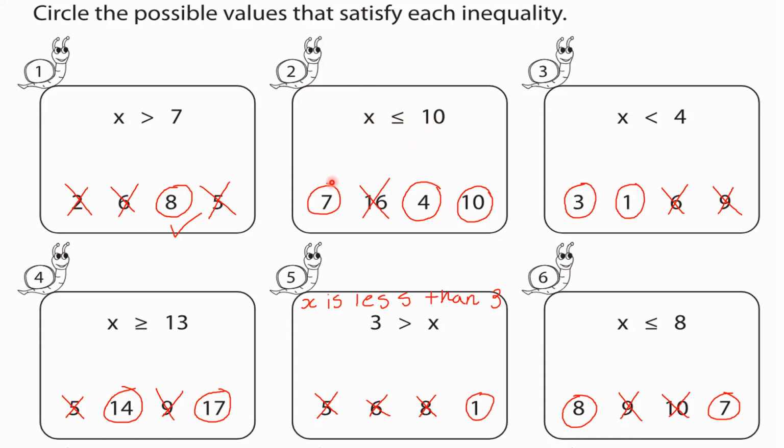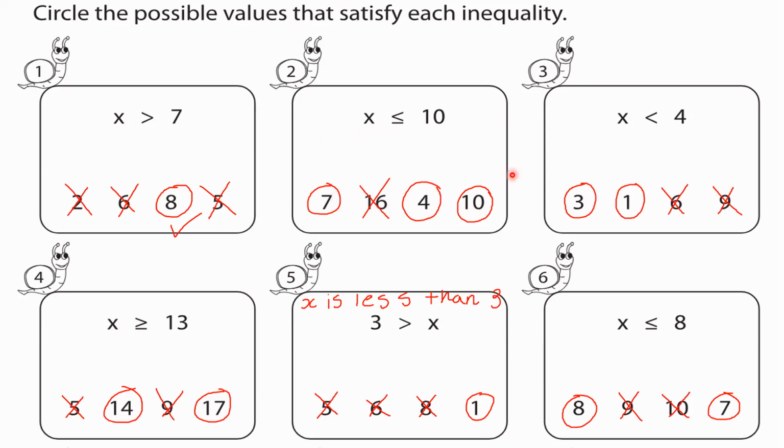So 7 would be an option because it's less than 10. 4 would also be an option because it's less than 10. And 10 would also be an option because it's equal to 10. Very good. So 7, 4, and 10 are all numbers that satisfy the inequality.